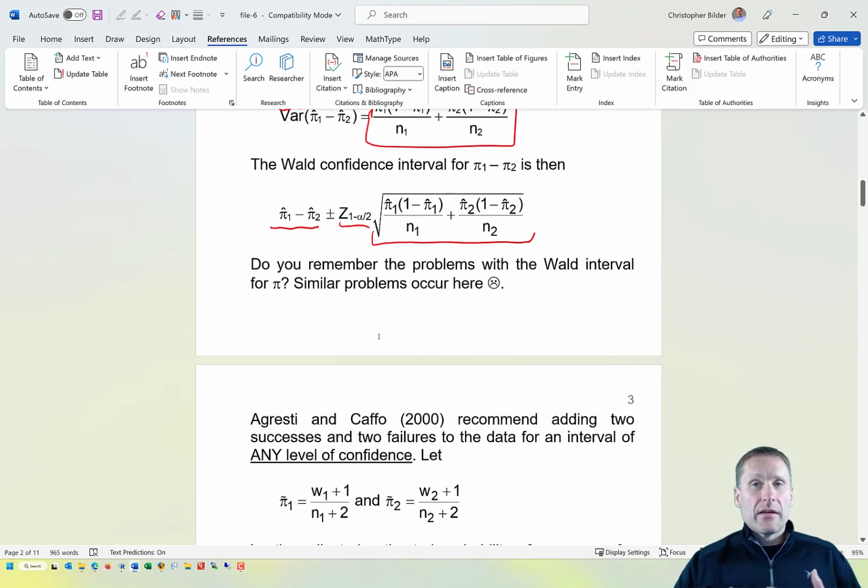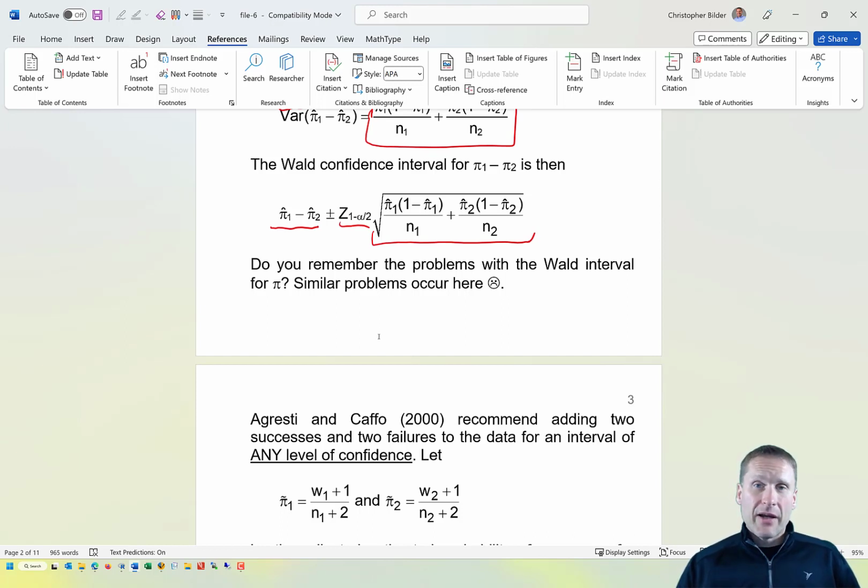Now, hopefully you remember from when we were doing a Wald confidence interval only for pi itself, we showed that there were some problems with it. The stated confidence level, like 95%, was rarely achieved with that Wald confidence interval. In fact, the true confidence level was often much less than what the stated confidence level was, and that's why we wouldn't want to use that interval.